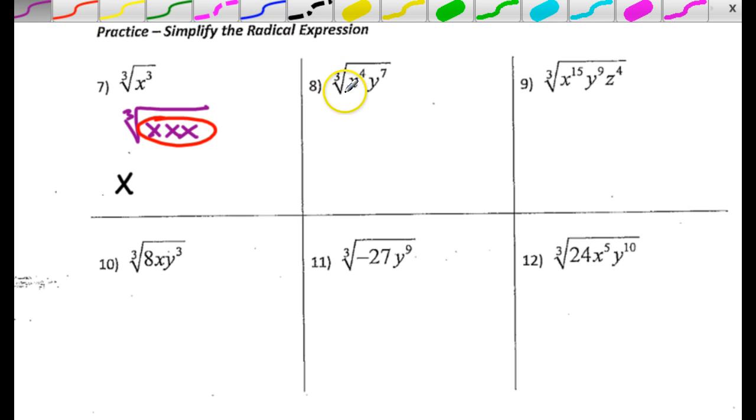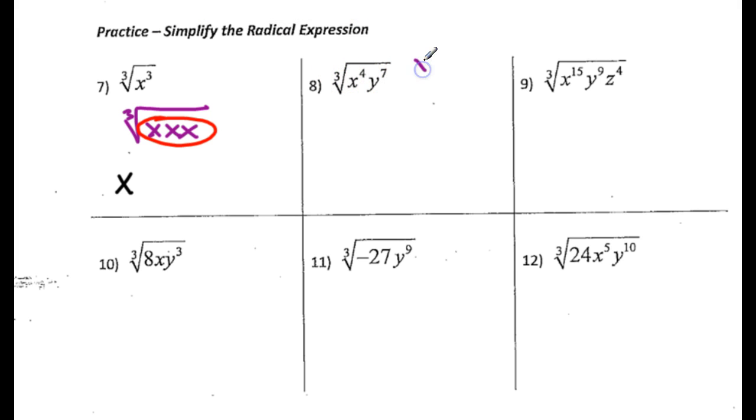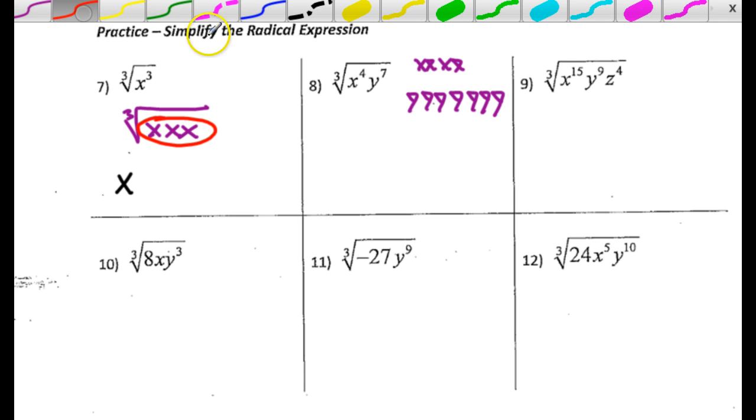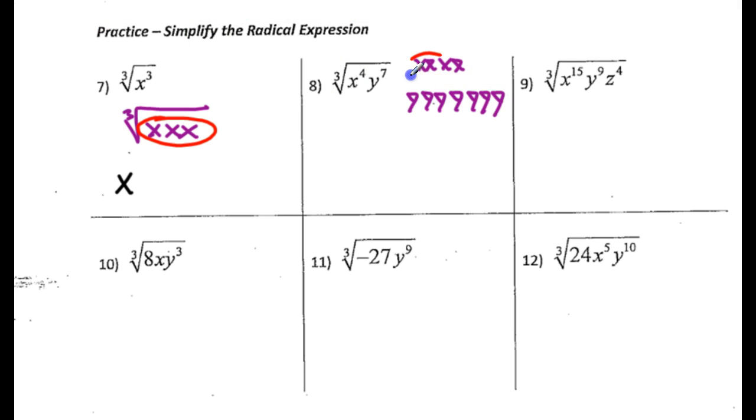Alright, number 8, cube root of x to the 4th, y to the 7th. So, that means 4 x's, and that means 7 y's. So let's make our groups of 3. On my x, I can make one group of 3. On my y, I can make 2 groups of 3.